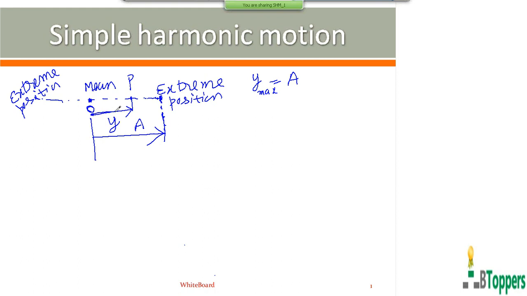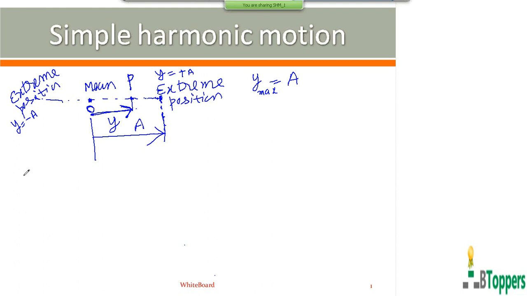That means the displacement y at an instant is always taken from the mean position towards the position of the particle. Here P is the instantaneous position of the particle. At one extreme position we write y equal to plus A. At the other extreme position we can write y equal to minus A. Here I am using letter y for displacement from mean position.